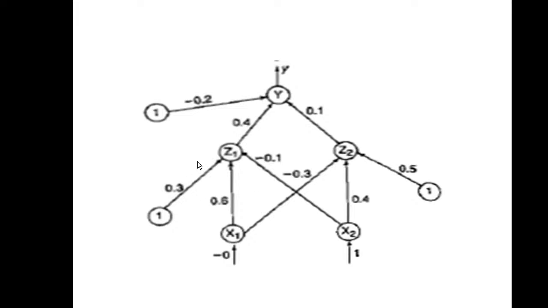Then the output neuron is connected from z1, the hidden layer, by 0.4 weight, and from z2 to y by 0.1 weight. On the output neuron there is one bias unit, which is connected by minus 0.2 weight. This is a bias.